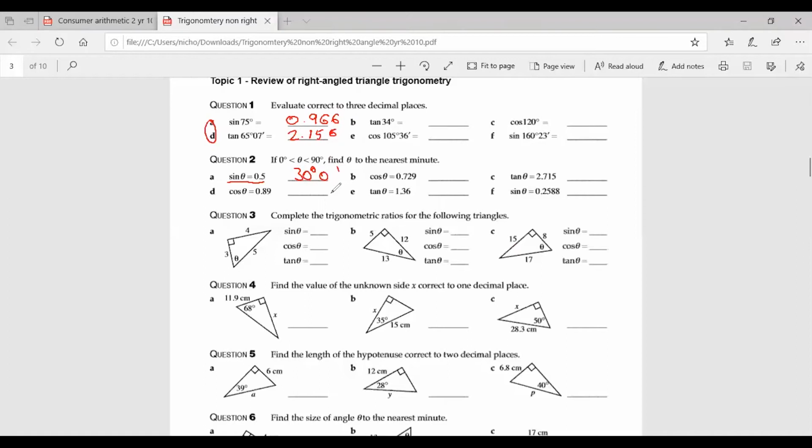And what about that next one? Shift cos 0.89, close bracket. And what does that equal to? 27 degrees and... we wanted the nearest minute, remember?